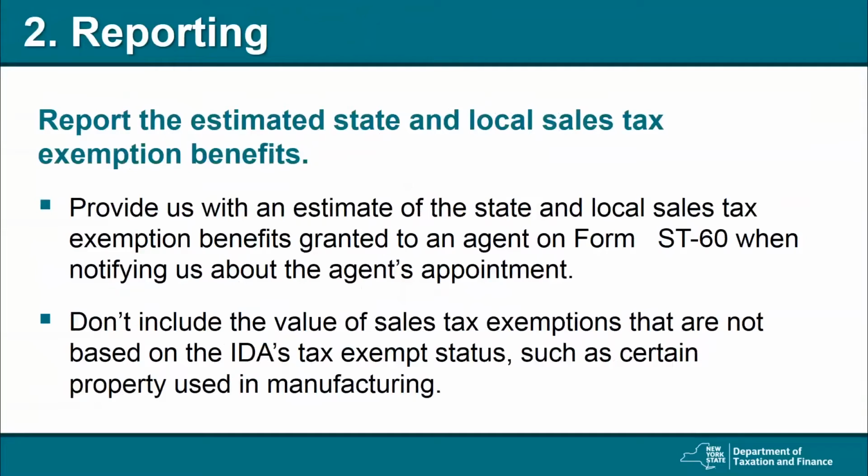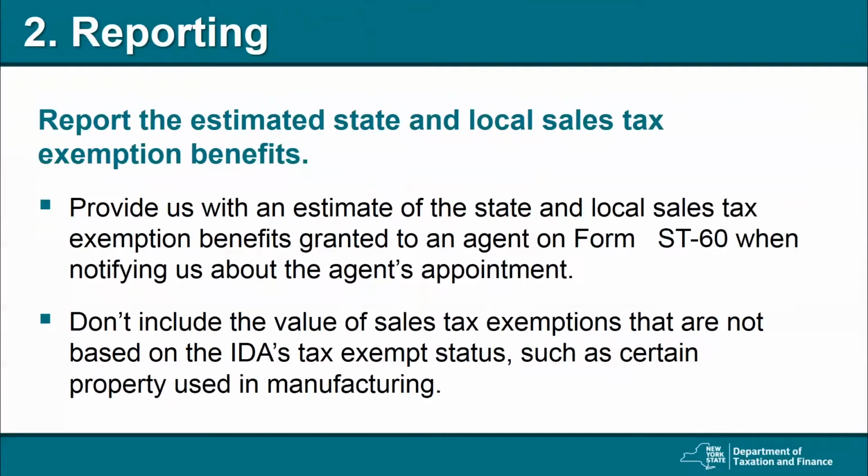So moving on, the second general requirement is to report the estimated amount of state and local sales tax benefits that are provided to an agent. We previously announced this requirement in a 2013 guidance document known as an E notice. You might have seen that on our site. And there's a 2014 technical memorandum that explained the requirement in a little more detail.